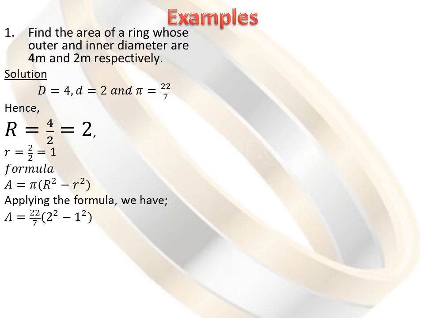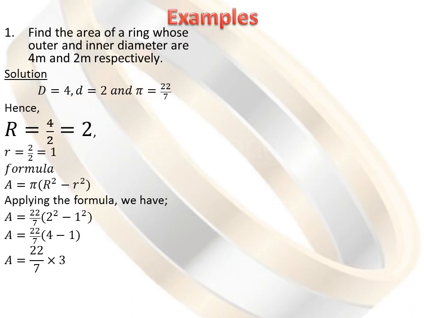So A is equal to 22/7 into bracket, 2 squared will give us 4, and 1 squared is still 1, of course. So we have A is equal to 22 over 7 into 4 minus 1, that will be 3, and the bracket is translated into multiplication, so we multiply it with 3.